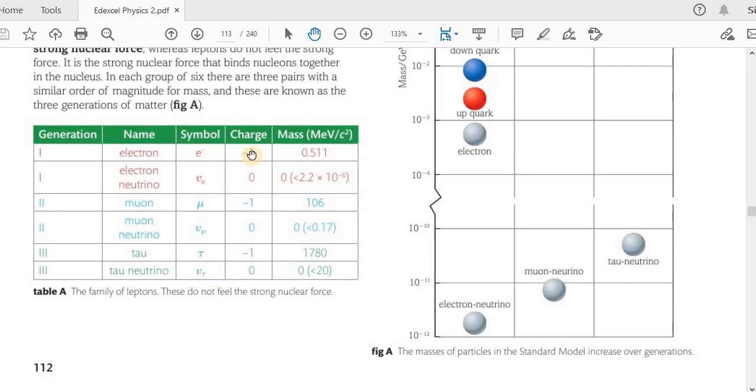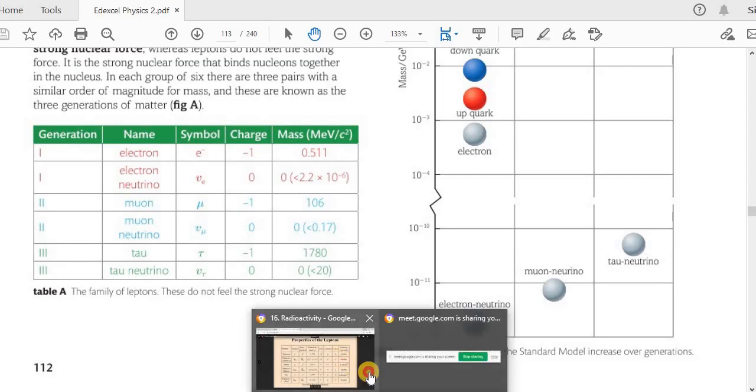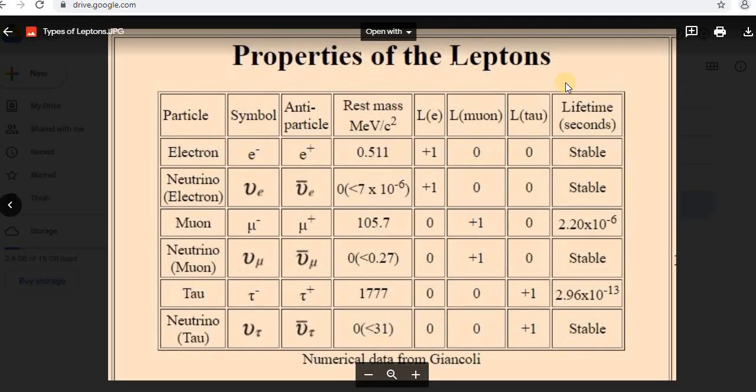Okay, then also you can see charge. That is again easy, because the electron has the elementary charge, like -1. Then muon also -1. Tau also has charge -1. Go back here a bit. Yeah, it's not given here, right?